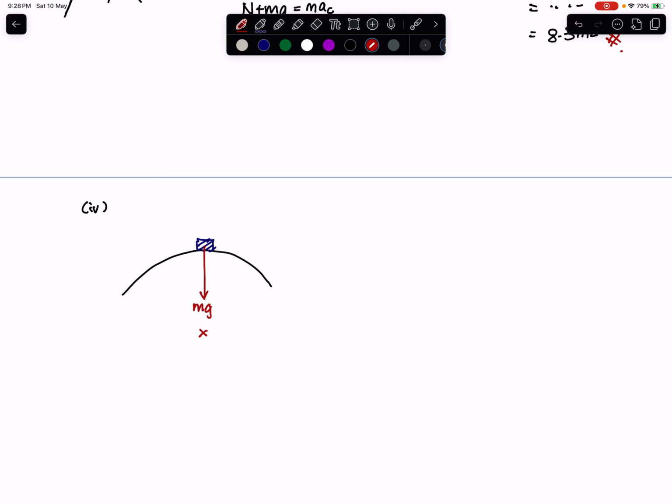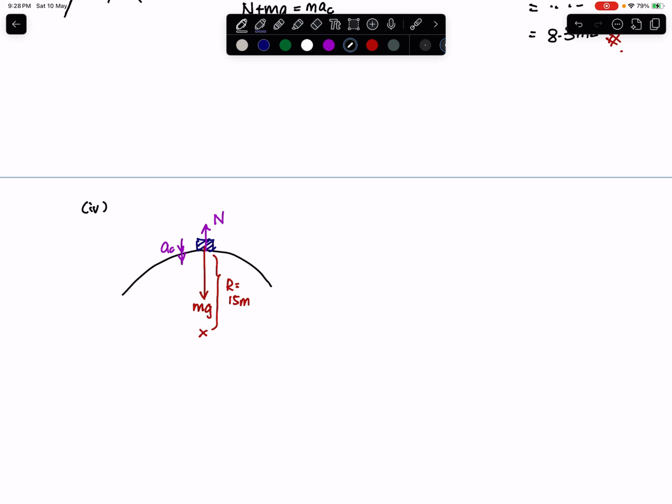The center of the circular motion is somewhere below, and the radius of the circular motion, according to the question, is 15 meters. If it stays in contact, there will be a normal contact force, but overall, in circular motion, the centripetal acceleration should point towards the center of the circle.